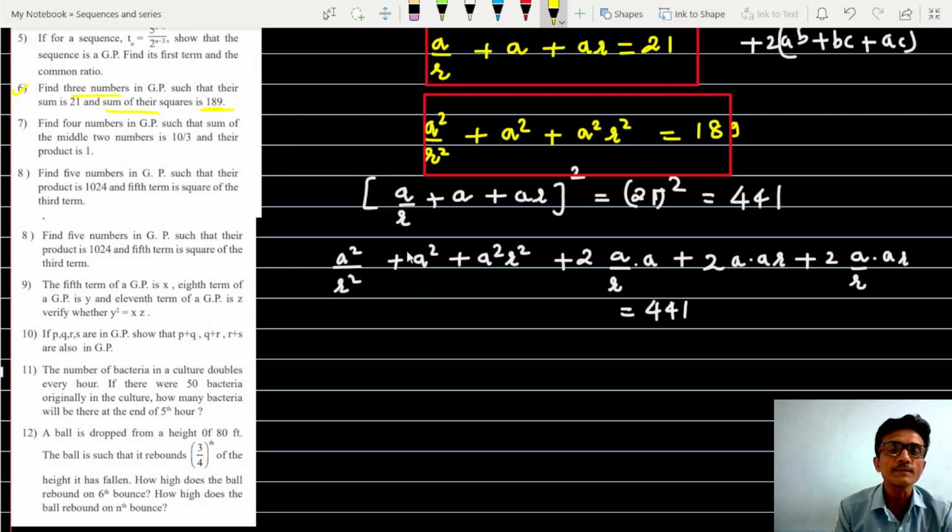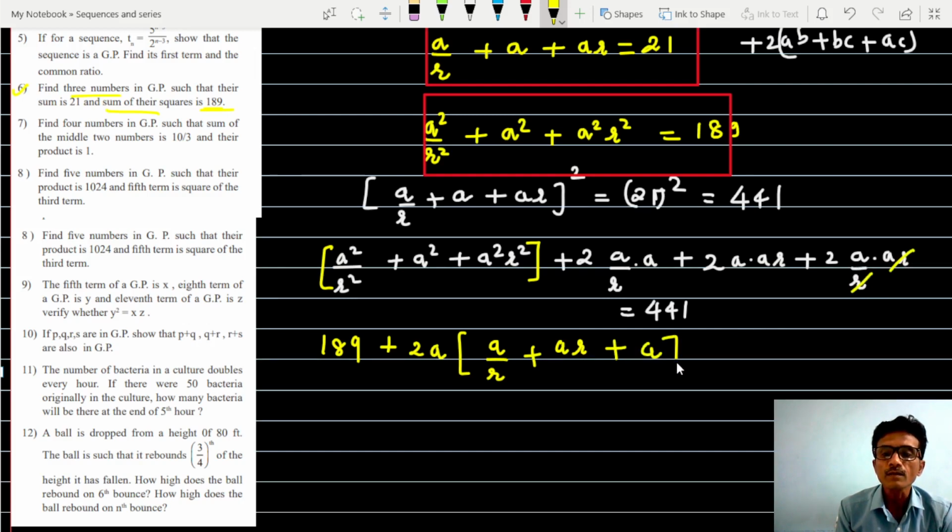This is given. So we can write this as 189 plus, from all these brackets we can take 2A common. After taking 2A common, here A upon R will come, plus here AR will remain, and from here r will cancel and only A will be there, and the right hand side is 441.